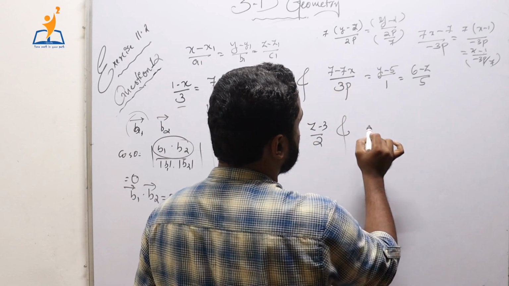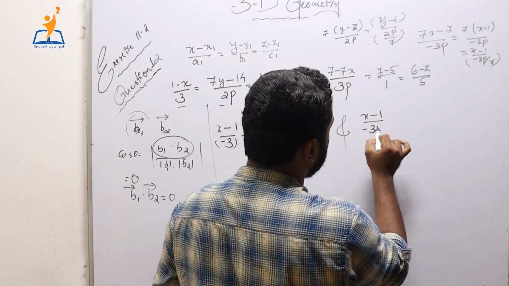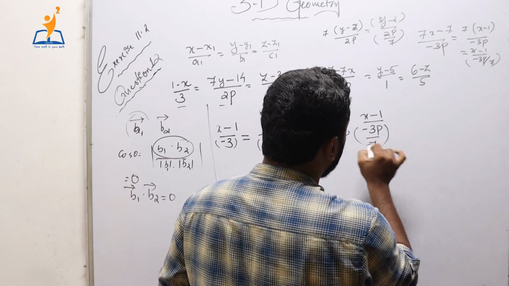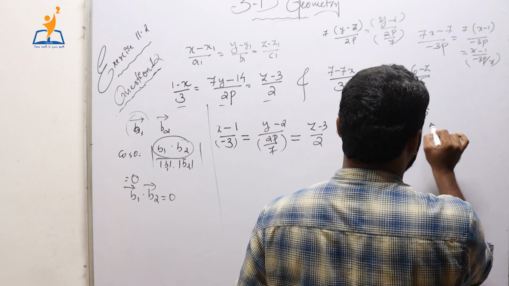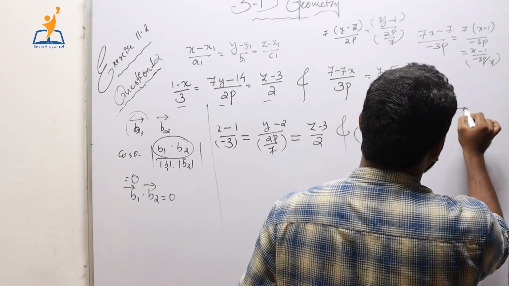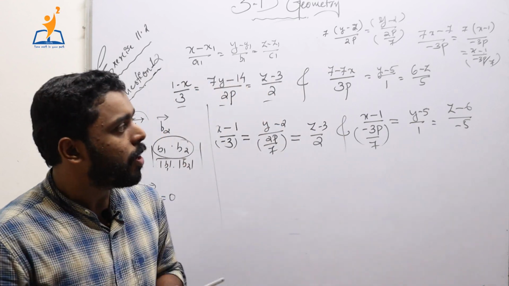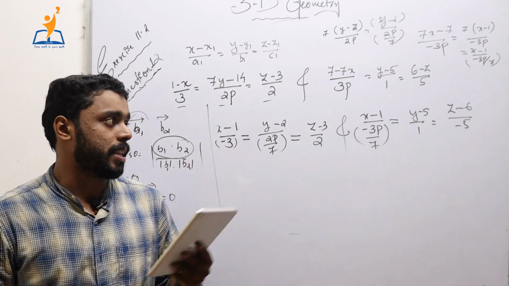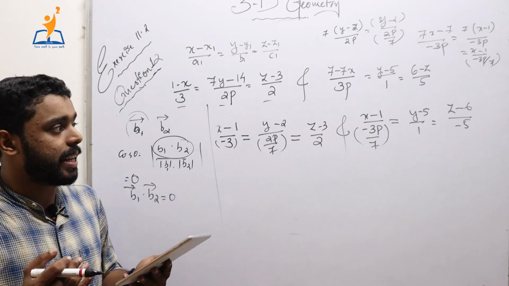So the first component is (x minus 1) divided by minus 3p by 7, which is equal to (y minus 5) by 1, which is equal to (z minus 6) by minus 5. We have to multiply the numerator and the denominator by minus sign so that it will be in the standard form. Now we have the things in the standard form.